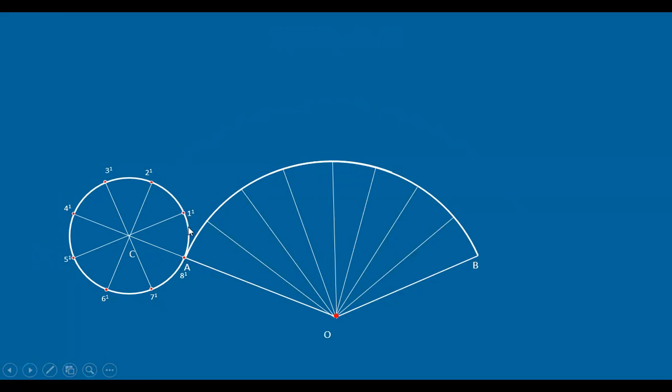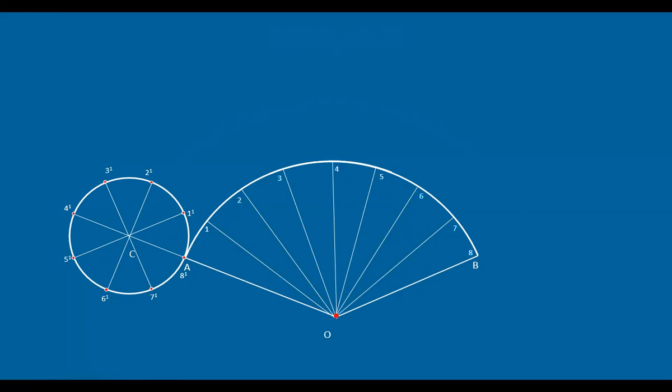Take the distance between point A and 1 dash, and go on marking from this point at 8 divisions. That's how you can also get it without calculating any angle. You can just go on intersecting this arc at a number of points, and finally if you mark 8 points, you will get the required curve where this circle is rolling.